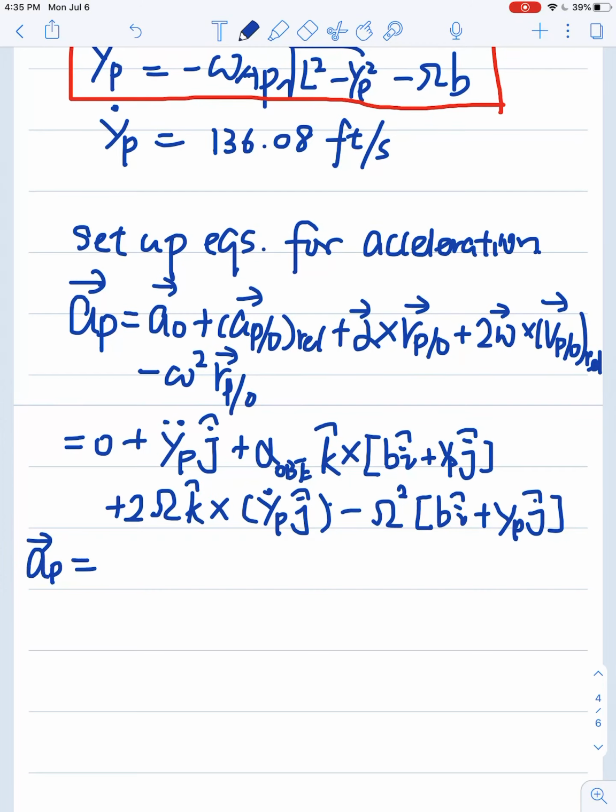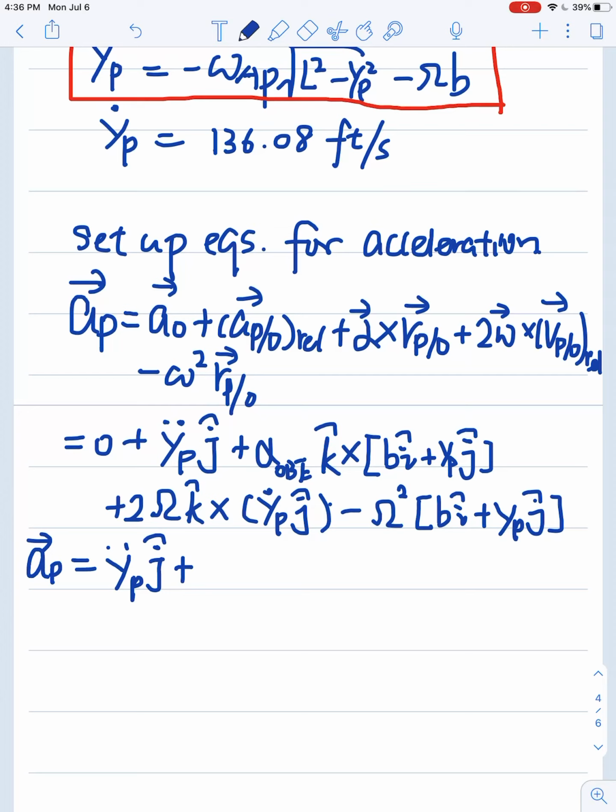So K cross J will give you positive I. So it's 2 omega YP dot I. We need to copy YP double dot j, small j, plus we need to break down this cross product first.